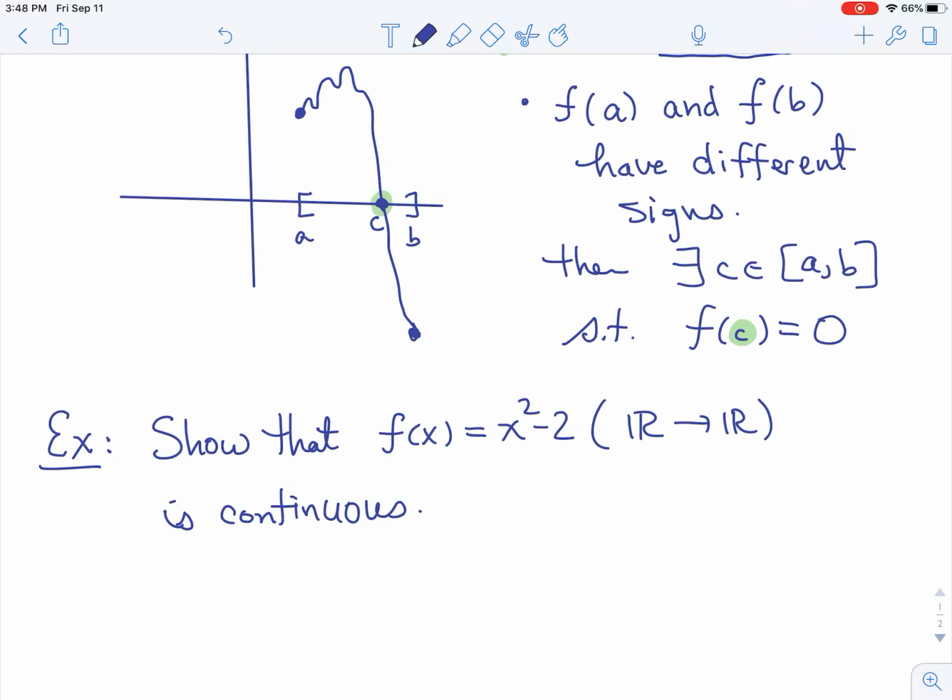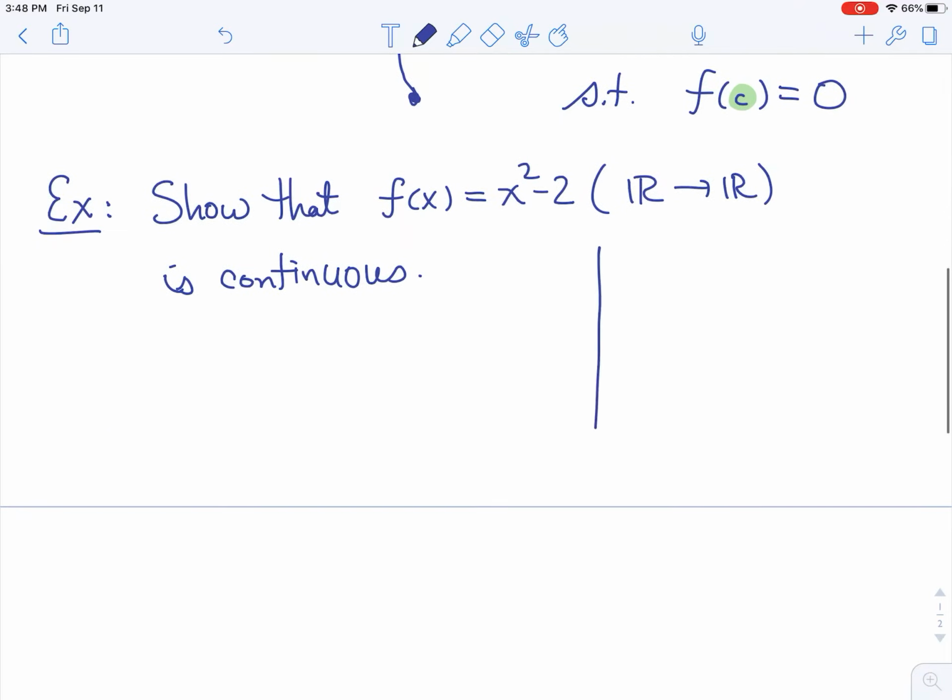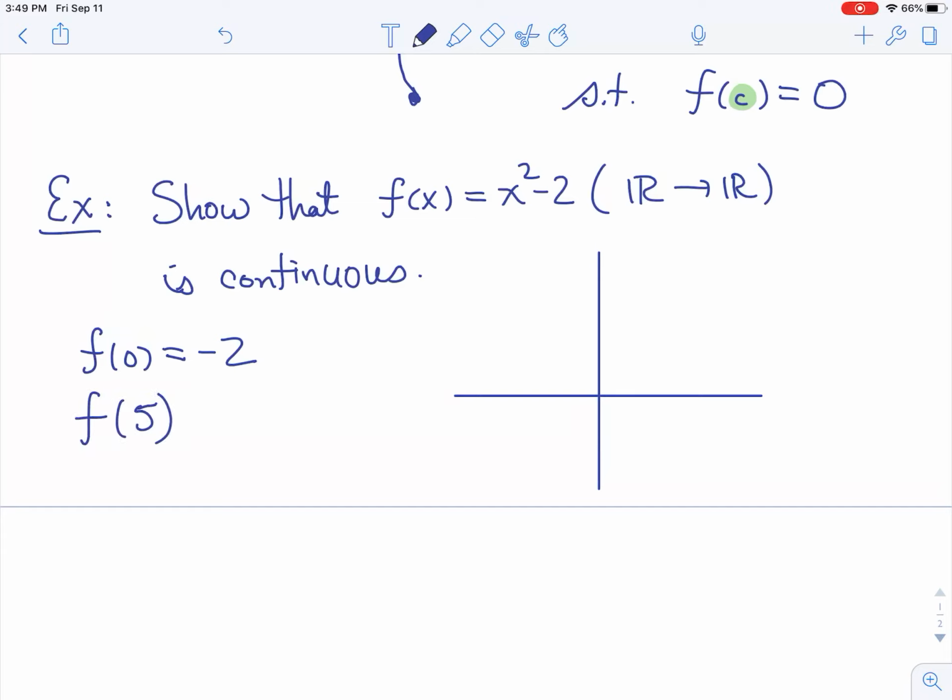In fact, let me apply it to x squared minus 2. It's continuous. And what we're going to do is look at the graph of this. I don't know what this graph looks like, but I know that f of 0 is -2, and f of, I don't know, 5 is 23.